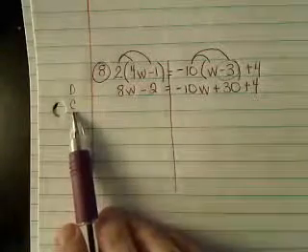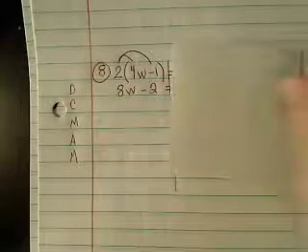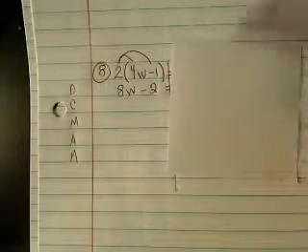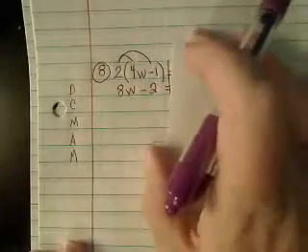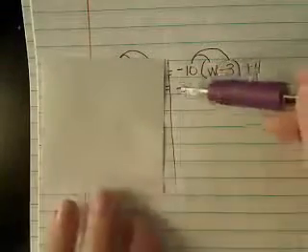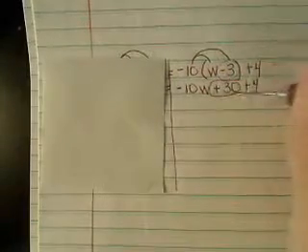Okay, now it's time to combine like terms. All right, I'm going to look on the left-hand side. I cannot combine this term with a w with that term without a w. So let me look on the other side and see if I can combine any here. Well, I can't combine anything with that one because it has a w, but I can combine those two.